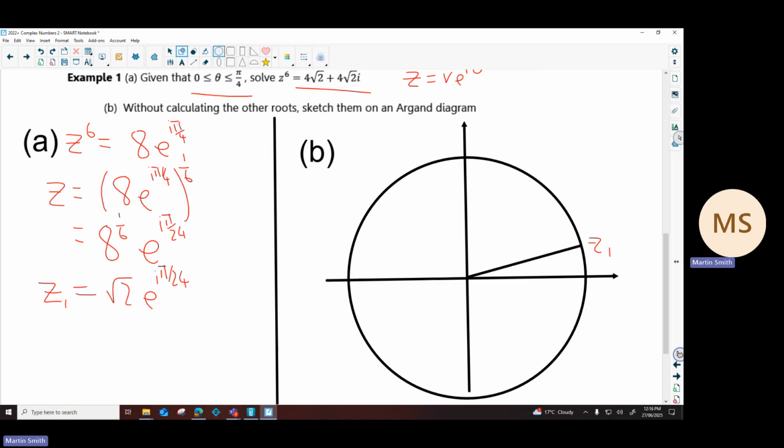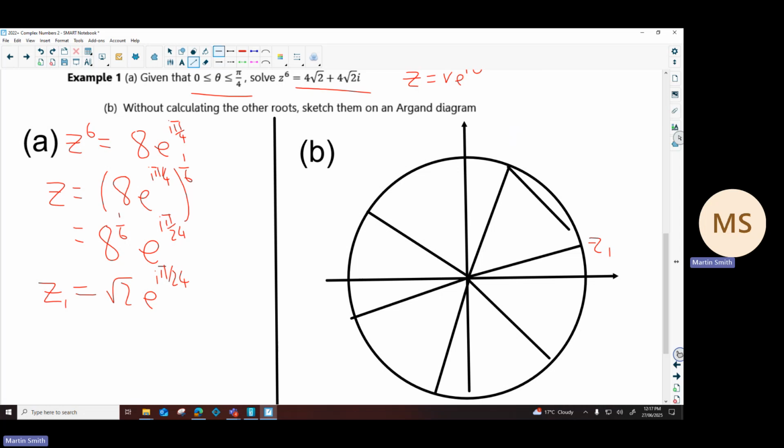So there will be one down there, then there will be one up there, and one over there, and there will be one down there, and there will be one somewhere over there. So what they end up doing is forming a hexagon.